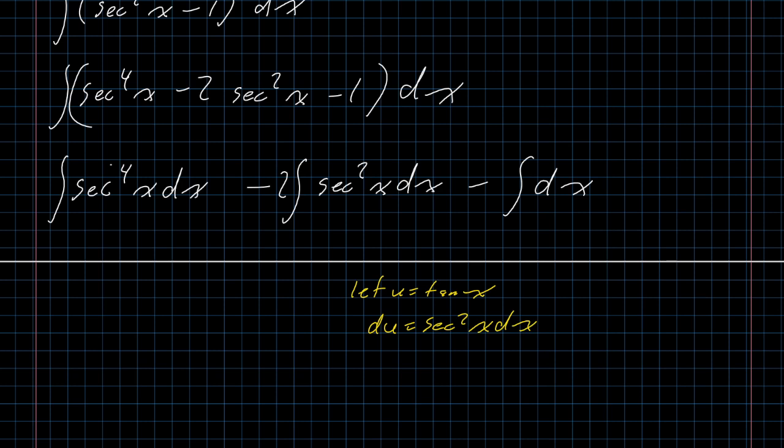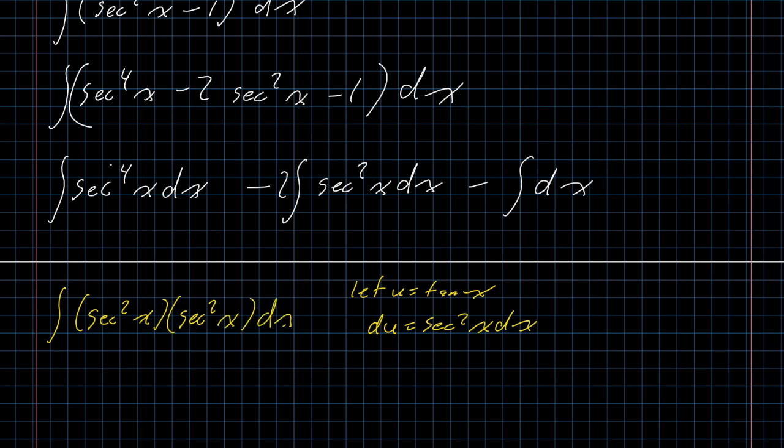And then in the first integral, I'm going to rewrite that as the integral of secant squared x squared. I'm sorry, that's not what I wanted to write. I'm going to write it as secant squared x times secant squared x.